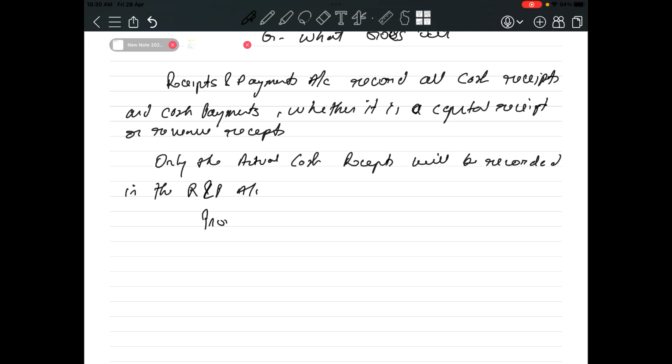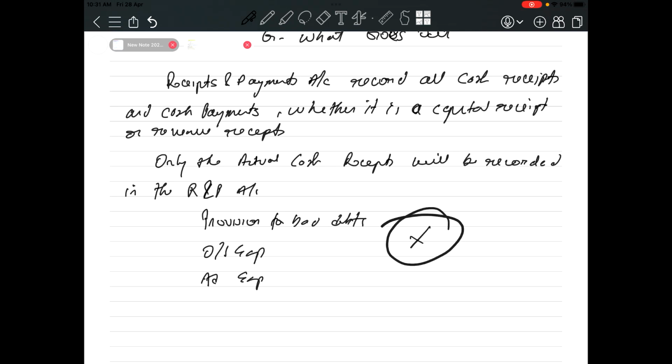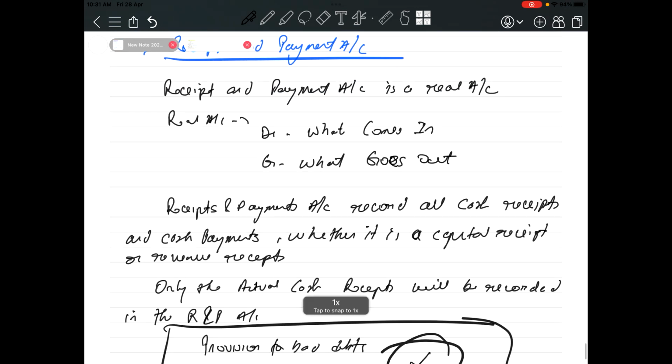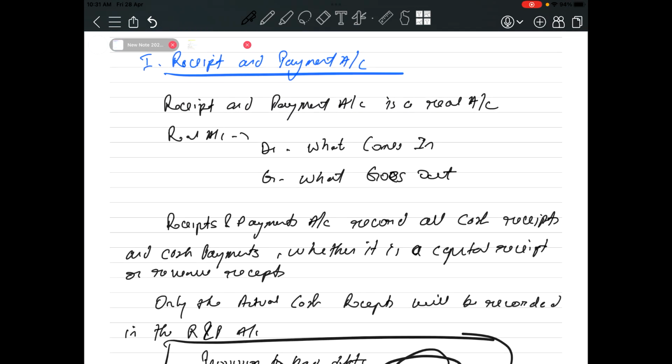Will we record provision for bad debts? Will we record outstanding expenses, advance expenses? No, this type of expenses will not come in a receipt and payment account. Only the actual cash expenses will go to the receipt and payment account. Now if you want, you can note this down.